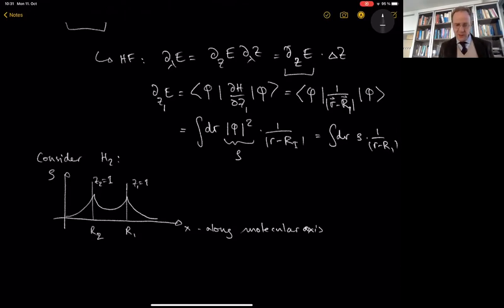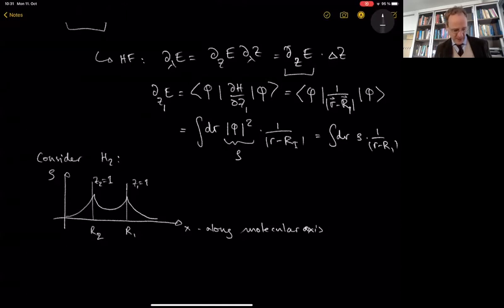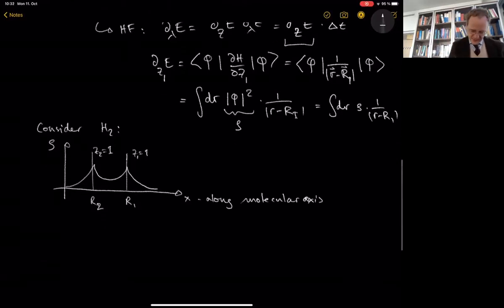if I use this to estimate what the derivative would be with respect to changing, let's say we change H2 to helium, okay? Both systems have 2 electrons, so no change in electron number, just your electron density has to change, of course.